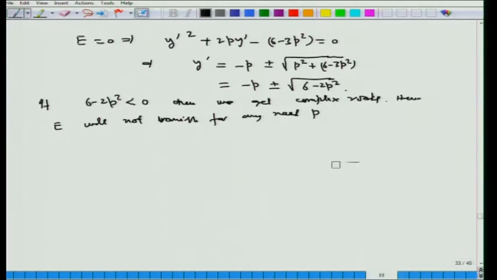So, here this E is positive for large y prime.